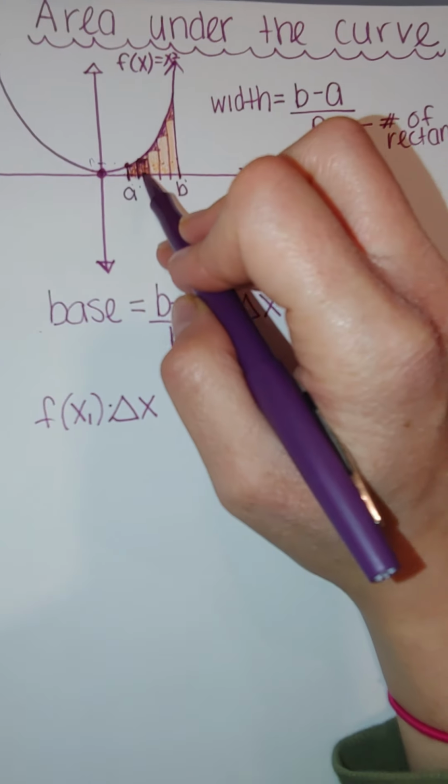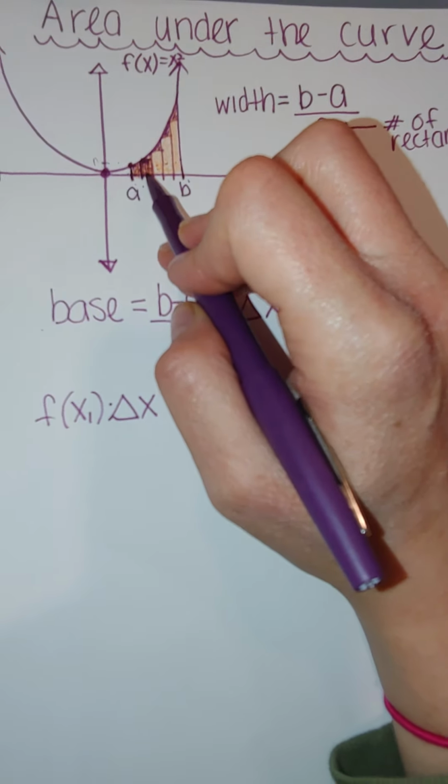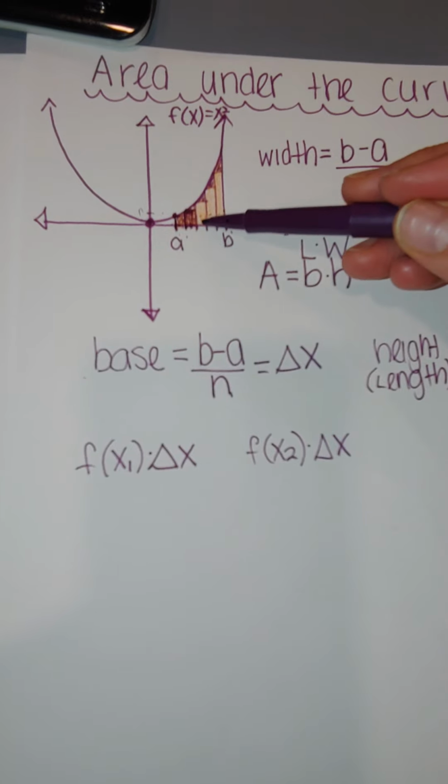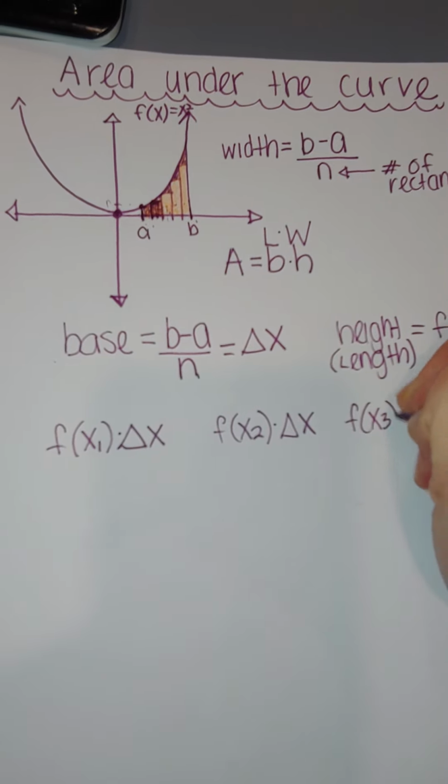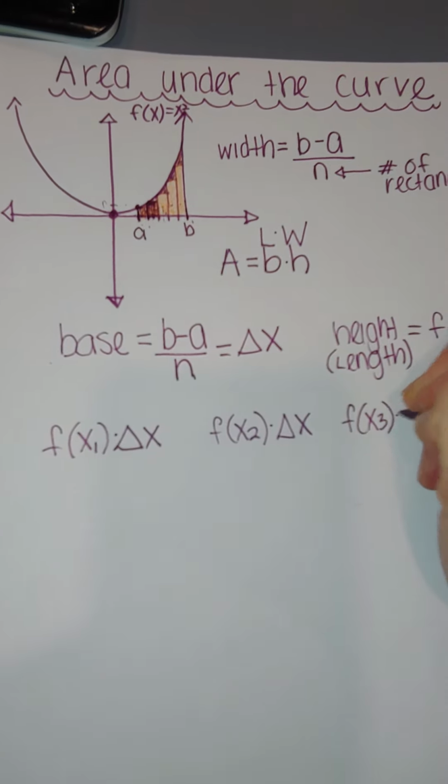Then if I want the next rectangle, I would do f of x2 times the base, height times base. And then if I want the third rectangle, I would do f of x3 times the base. And you see each time it will get me the area of each rectangle.